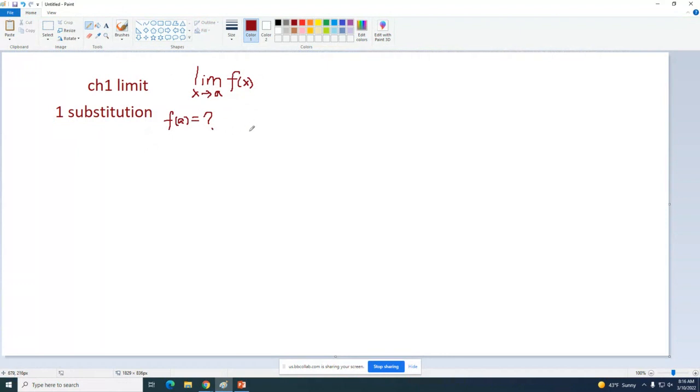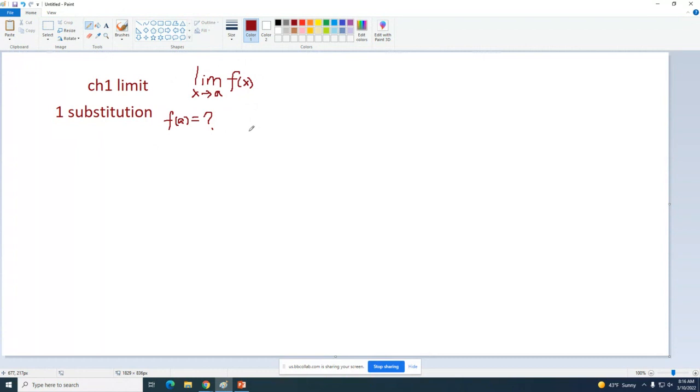So the first attack we have for limit calculations is to plug in a number to see if that works out. But then if you calculate it, let's say this function has division, and a somehow ends up making the denominator 0. Division by 0 means that when I substitute, f of a is undefined. So we'll have a problem if we just do simple substitution.